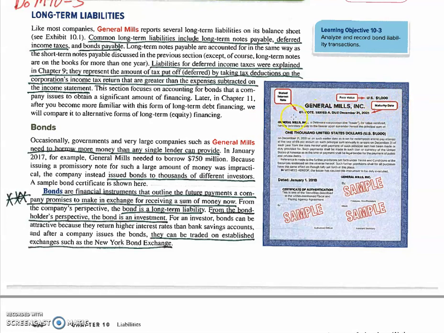Now, let's say a fair interest rate was 4%. Well, the seller of the bond is paying a higher than market interest rate. So the bond would sell at what's called a premium. And what that means is that the buyer actually pays more than $1,000 for the bond. And what they're doing is kind of refunding upfront some of that money they're going to be paid in interest.